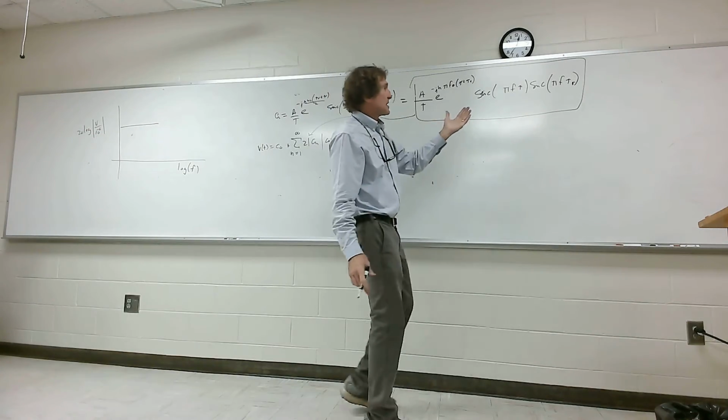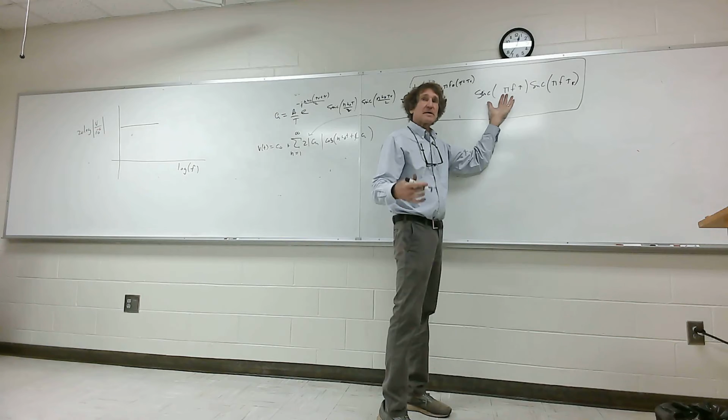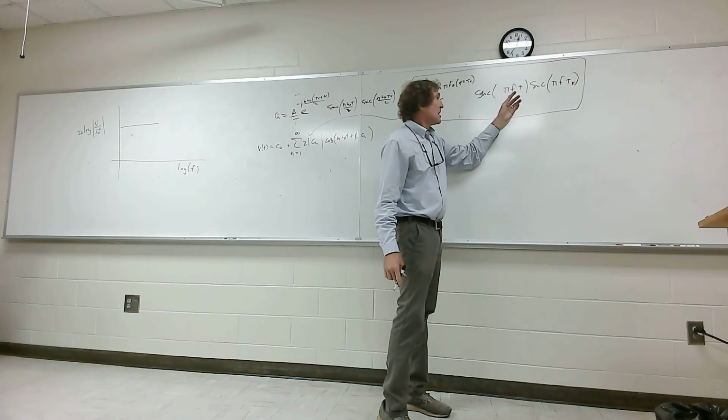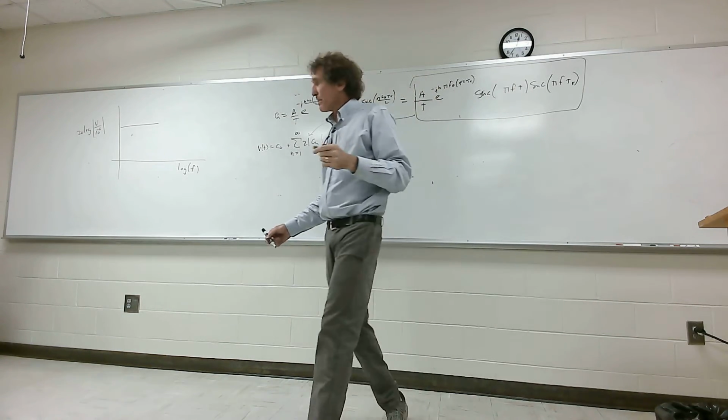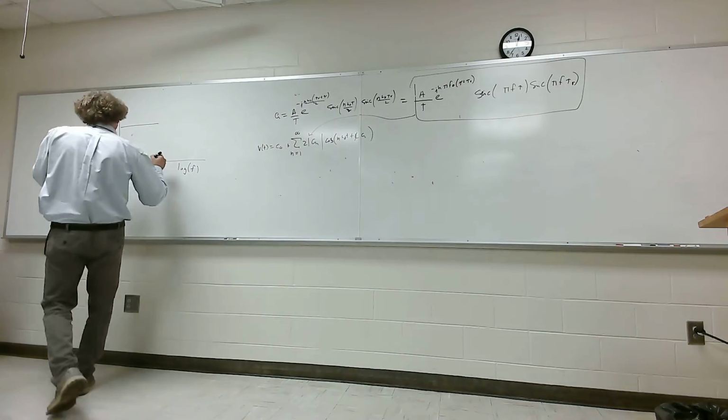Now, think about it, at low frequencies, the sinc function is sine x over x. For small values of x, it's about 1. You all follow me? So when we're down in the frequency range around 0, it's really a couple of 1s right there.